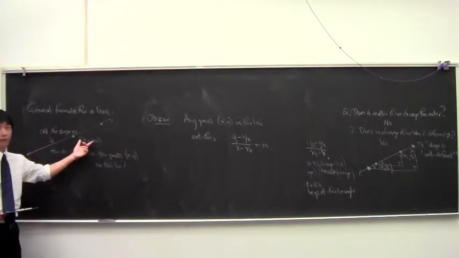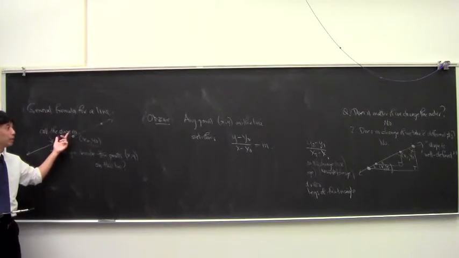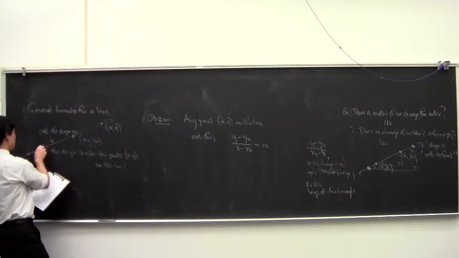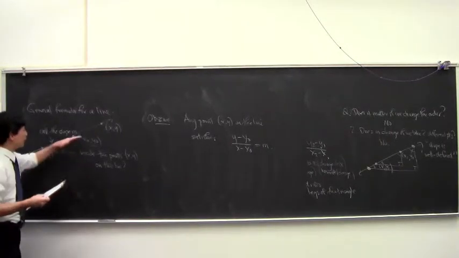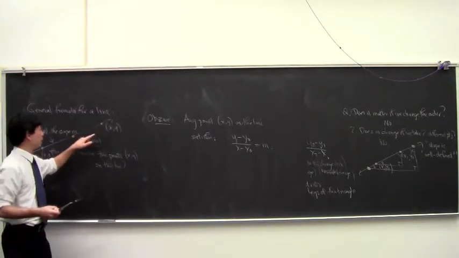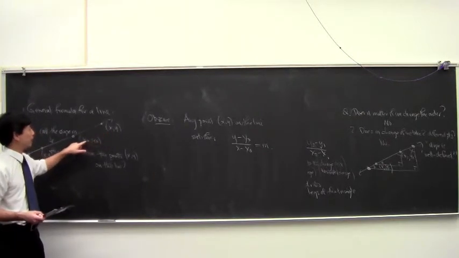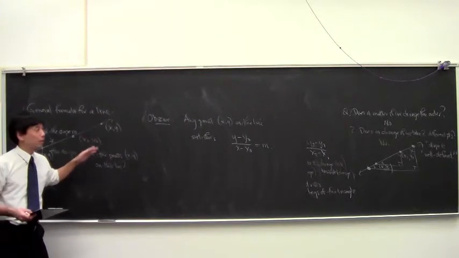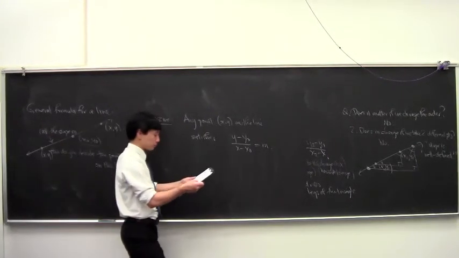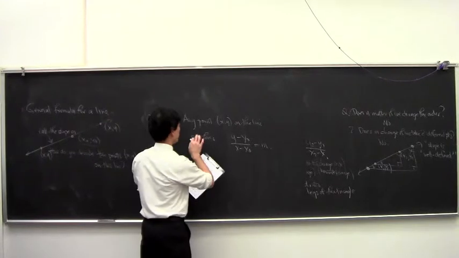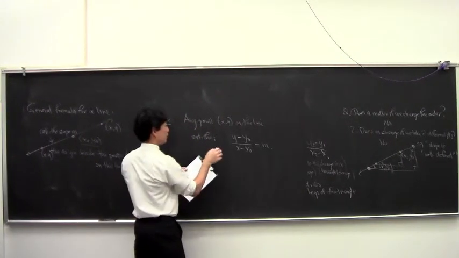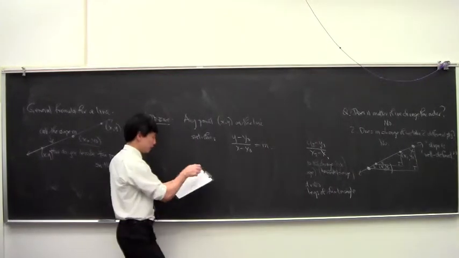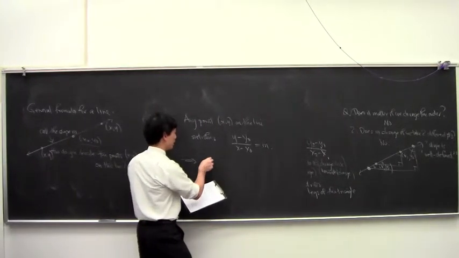If you know this point and you know the slope of the line, then if I take any point x, y, whatever x, y I choose, y minus y naught over x minus x naught is going to be that m, right? So this is going to happen no matter what point.